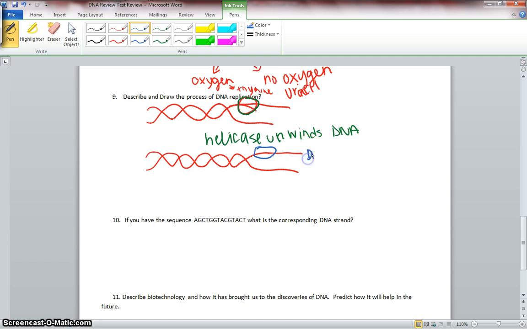So DNA polymerase brings in nucleotides, bonds them together, and proofreads.